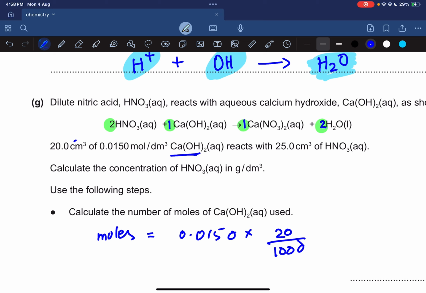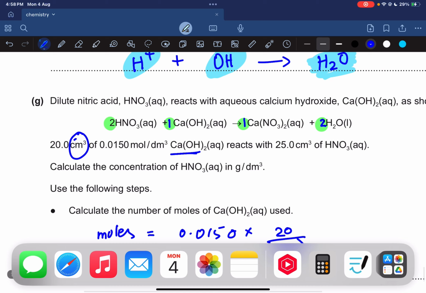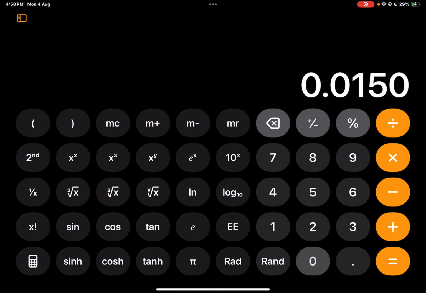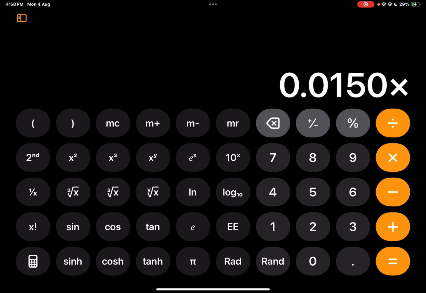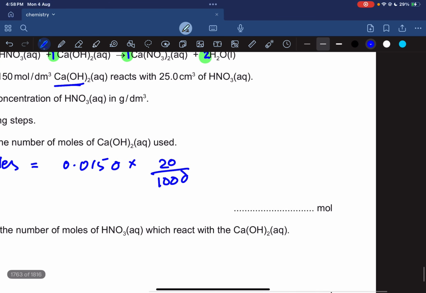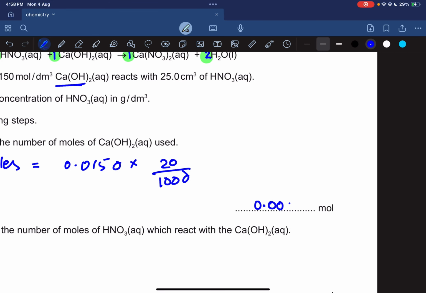Why divided by 1000? This is in cm³, and we always take the volume in dm³. So it's 0.0150 multiplied by 20 divided by 1000. That gives me 0.0003. So my moles come out to be 0.0003.